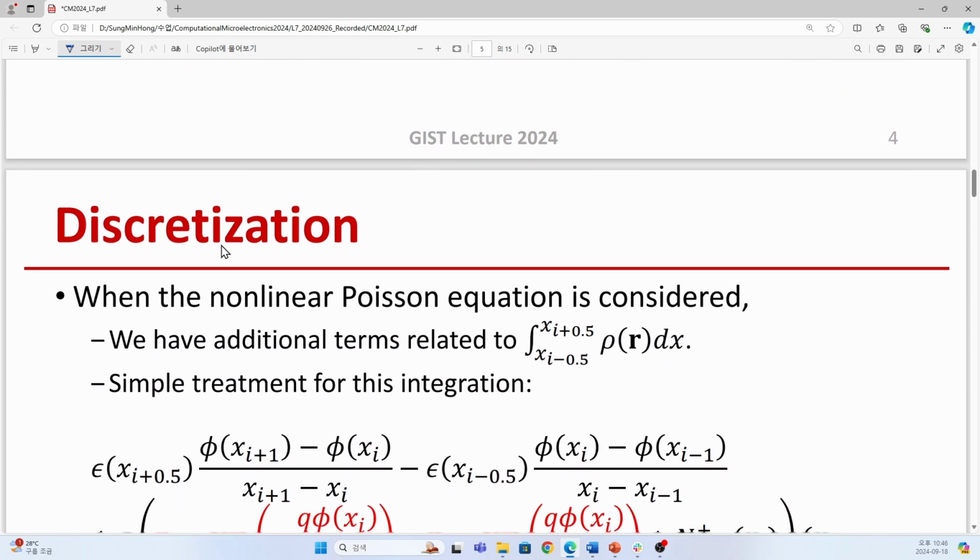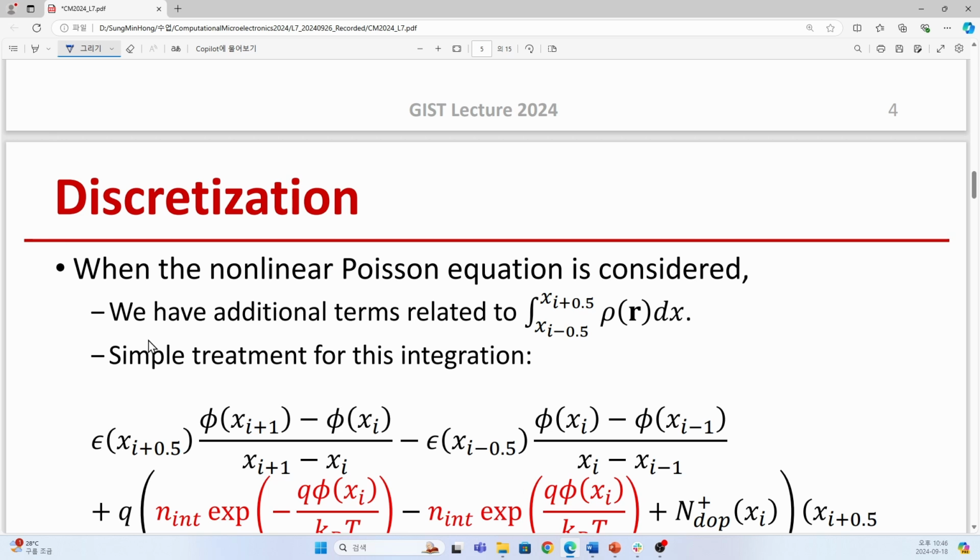So it is not that easy. Additionally, we have terms related to the integrated net charge density. So how can we treat this one? Previously we just analytically integrated the integral and eliminated the outermost derivative. But how can we do that here?